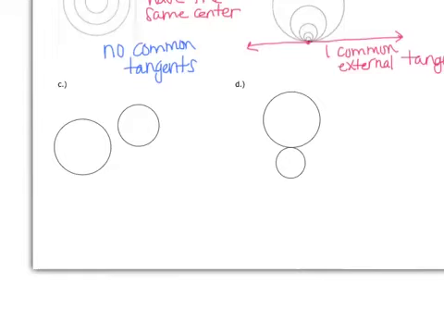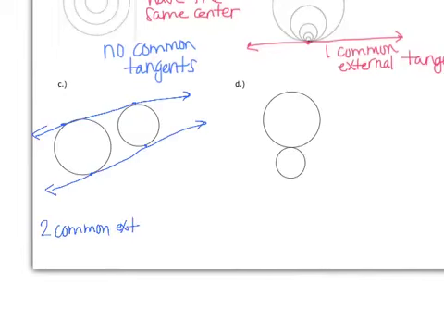If we look at the next example, we have several types of common internal and external tangents that we can have. We can have an external tangent that touches both of those circles on the top. We have a common external tangent that touches both of those circles on the bottom. So the two blue ones are the two common external tangents.